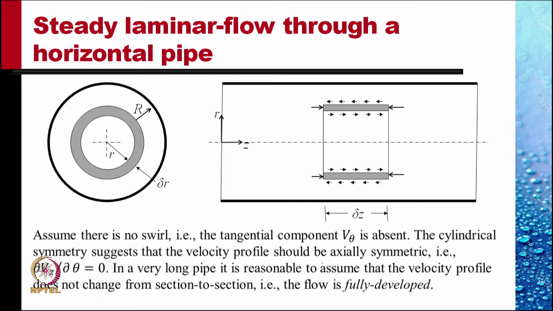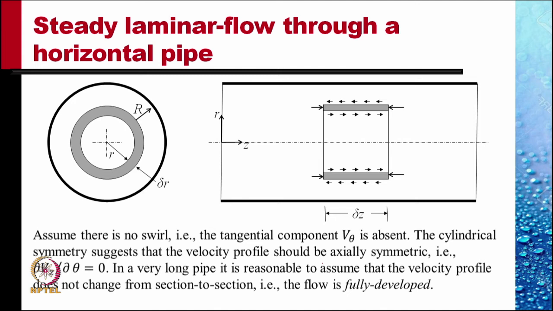To find out the velocity profile, we consider a small ring-shaped control volume as shown. A ring of radius r and thickness dr and of length delta z.